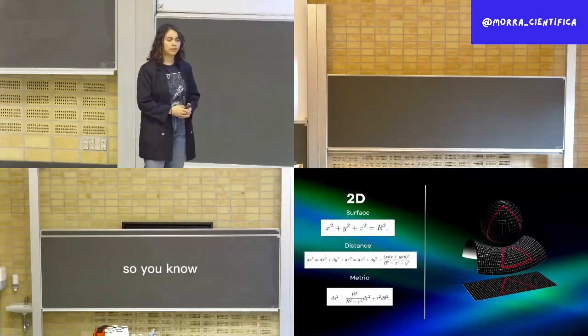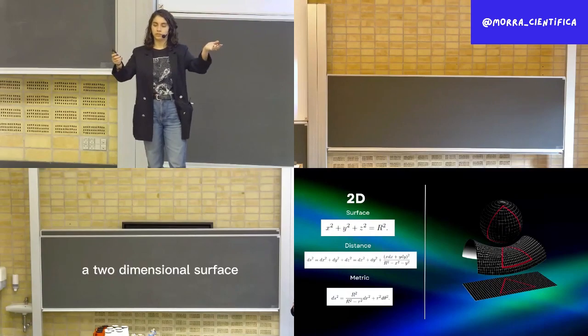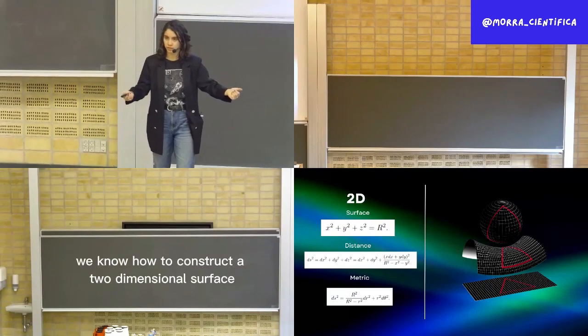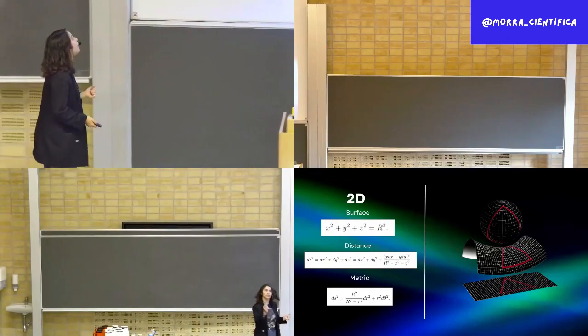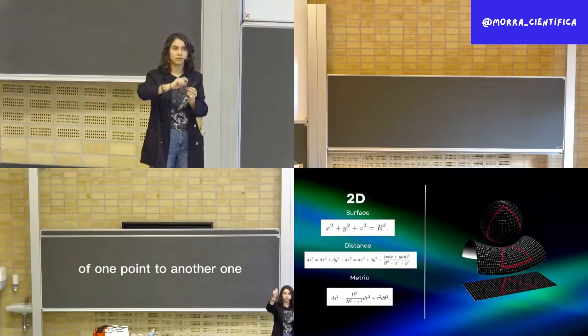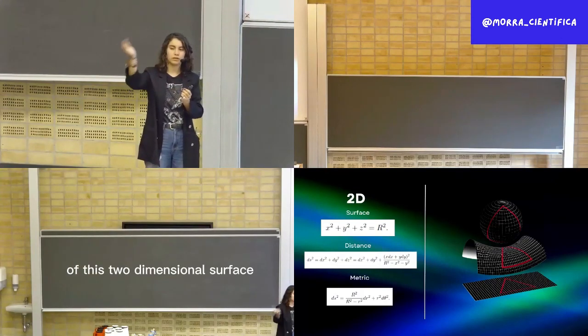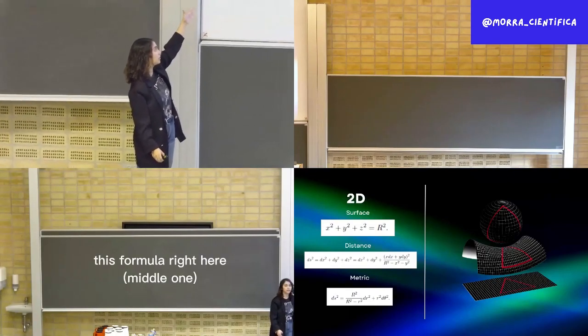If we take, for example, a two-dimensional surface, we know how to construct it with this equation right there. If we want the distance from one point to another on this two-dimensional surface, then we have this formula right here.